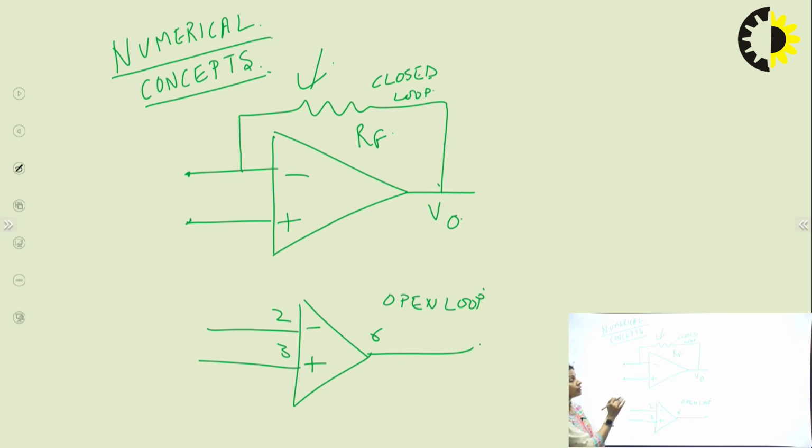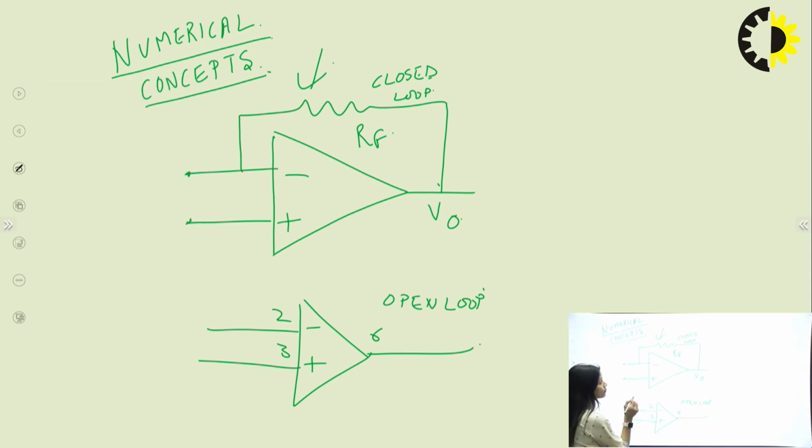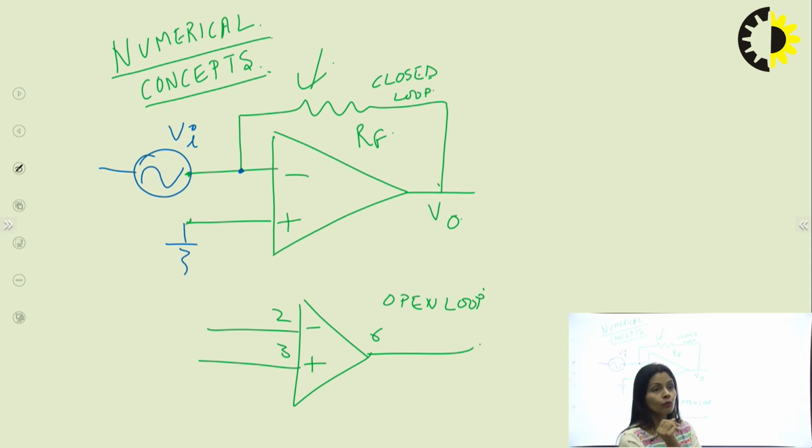So the terminal for input, see here, the terminal for input is VO. If I am giving input to this terminal, let's say, whether it is AC or DC, then the OPAMP is working in inverting mode.